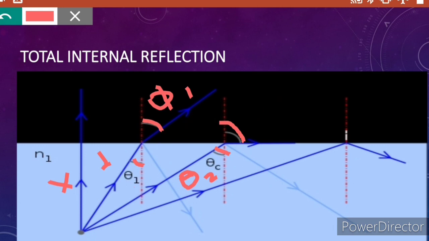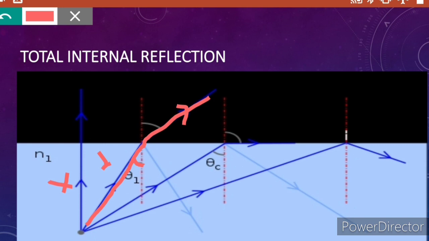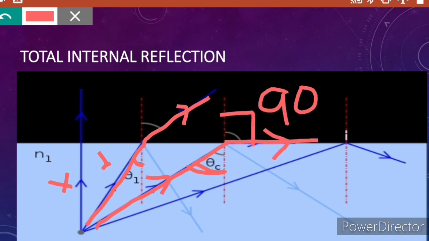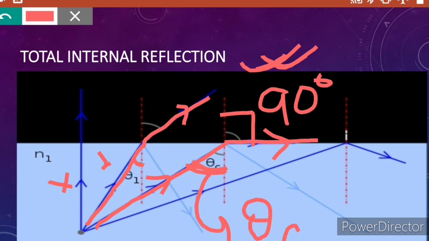At a certain point when you are increasing all the things together, you can see that in the first case this is happening. In the second case you have increased it in such a way that it touches the reference line and the angle of refraction becomes 90 degrees. In this particular case you call the angle of incidence the critical angle.